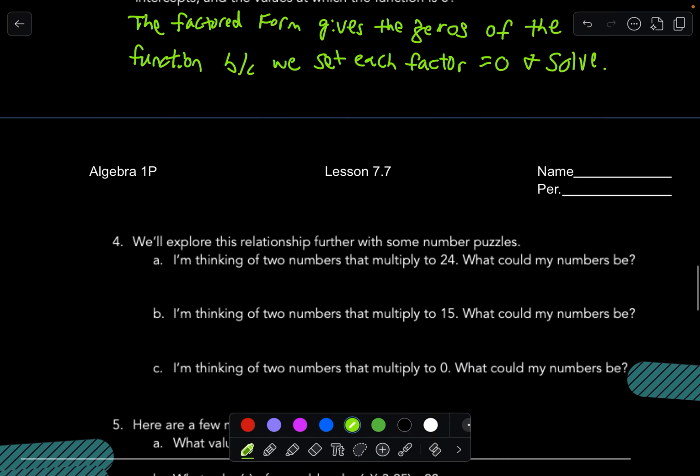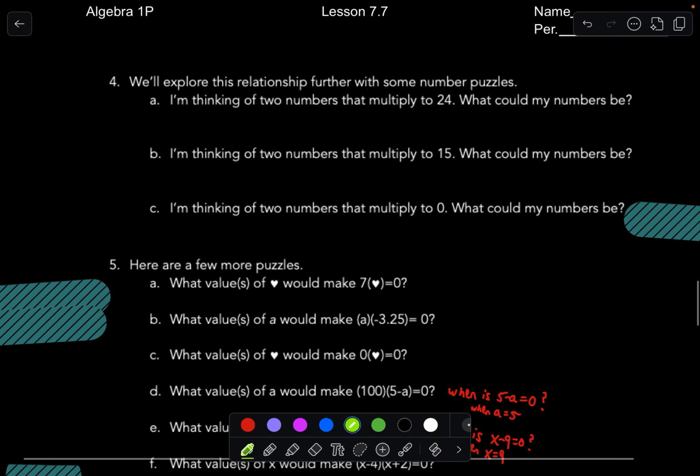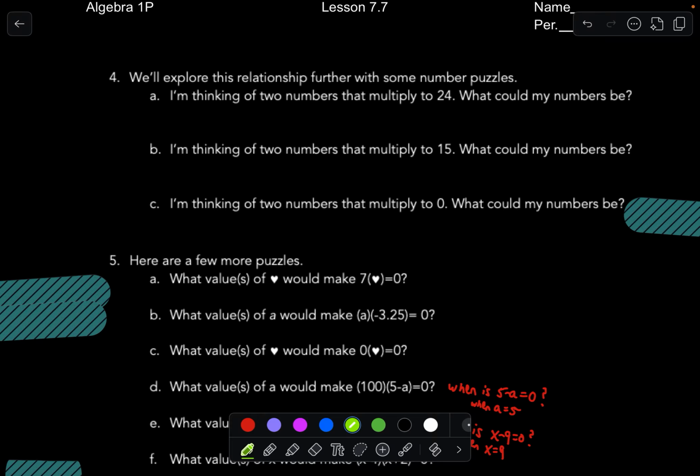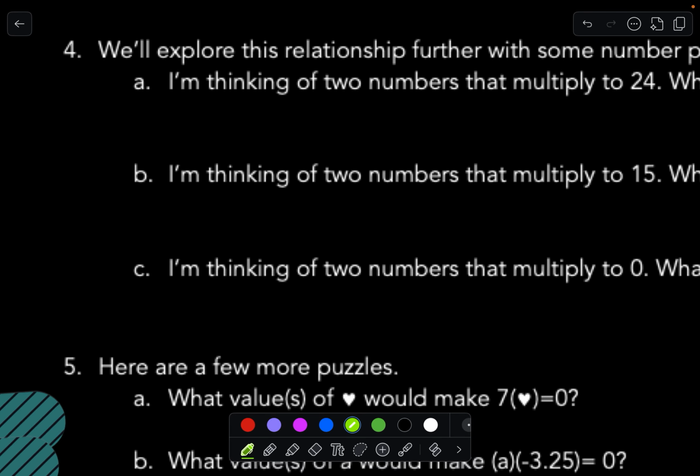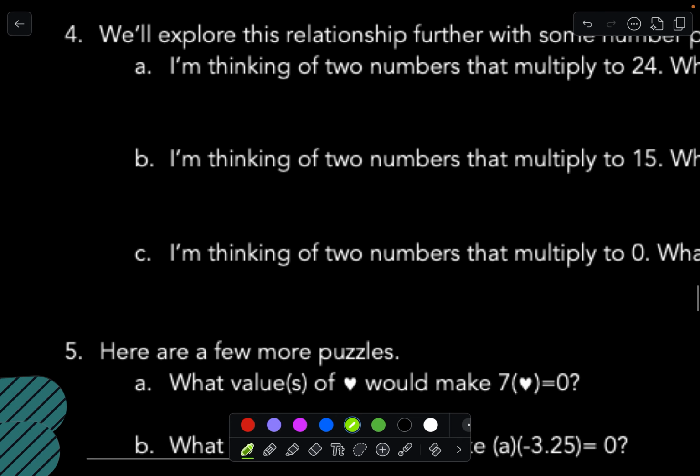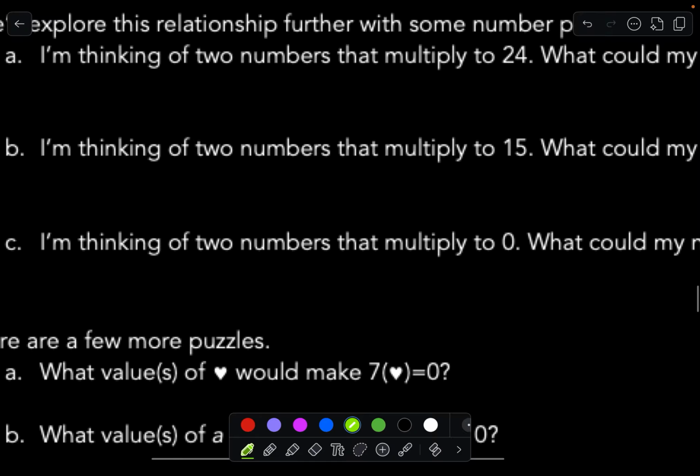Now, we'll explore this relationship further with some number puzzles. I'm thinking of two numbers that multiply to 24. Well, there's a bunch of numbers that can work. You can have 2 and 12. You can have 4 and 6.